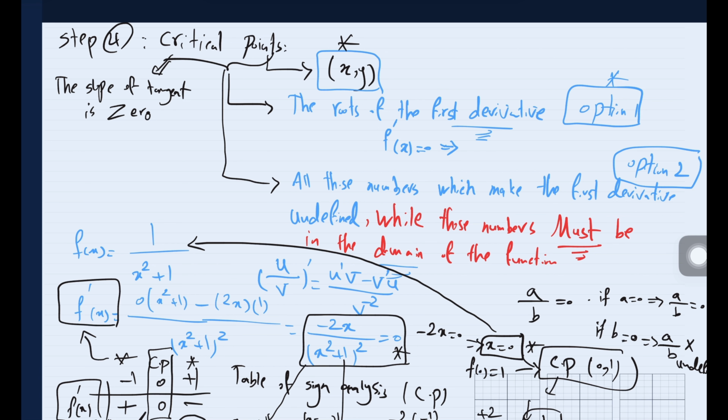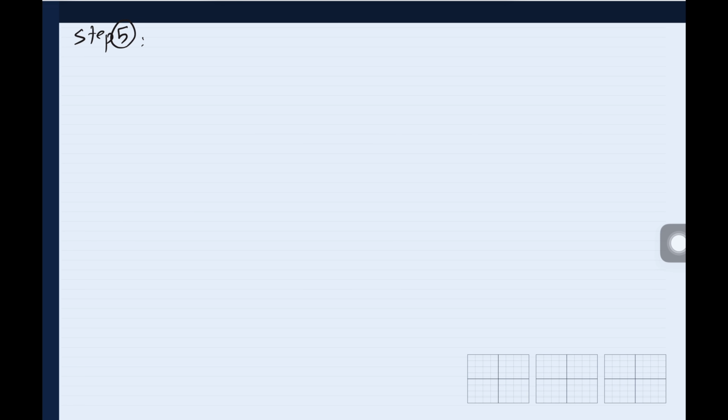So the next step, we got 4 steps so far. So step 5. We want to find if there are any points of inflection.